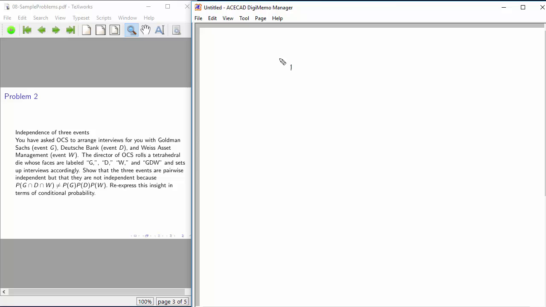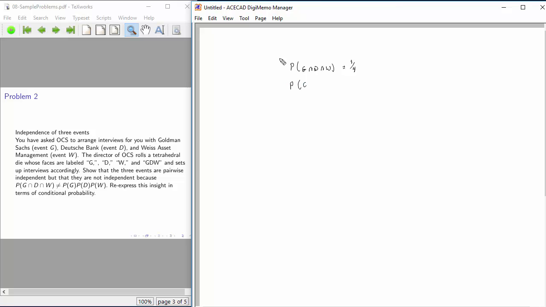So let's work out some probabilities. The probability of the event G intersect D intersect W is the probability that the face with GDW comes up. In other words, it's 1/4.